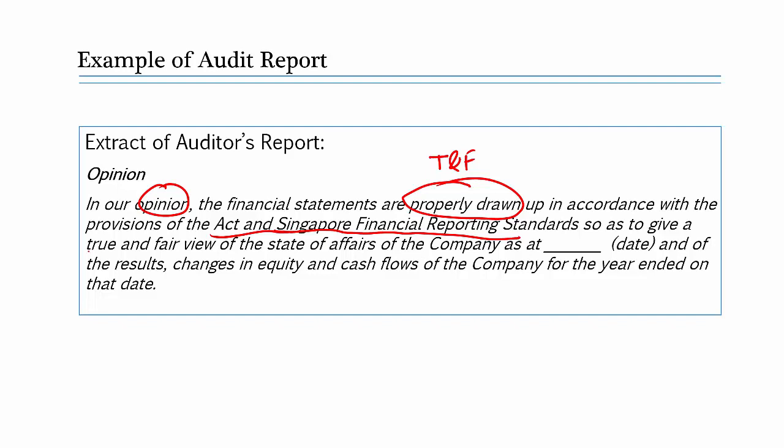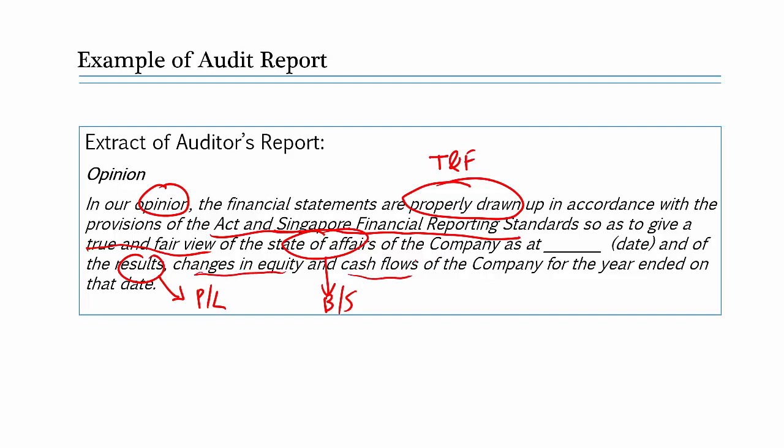To give a true and fair view, like what we said earlier, of the state of affairs. State of affairs here means the balance sheet. And of the results here means the income statement. Then you have other things like your changes in equity and cash flow.